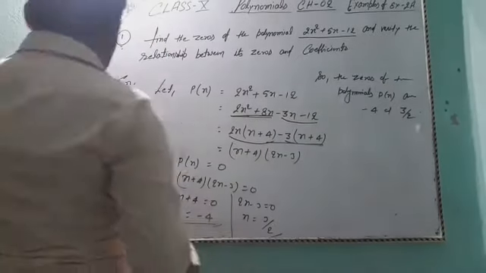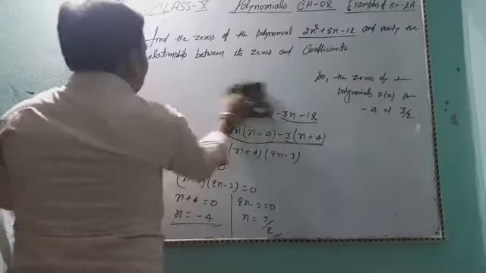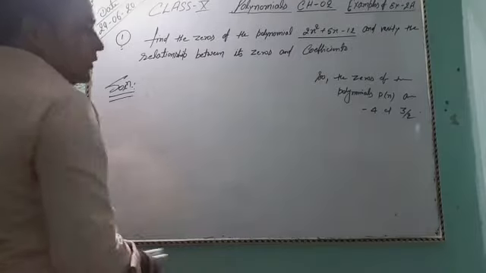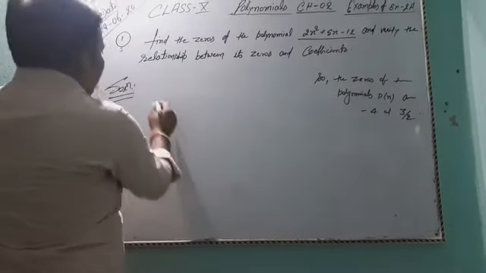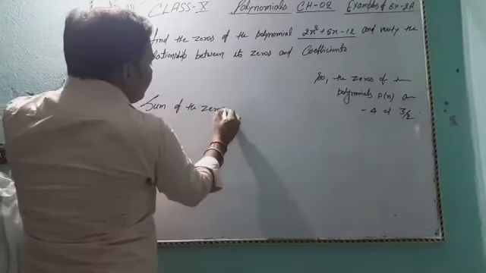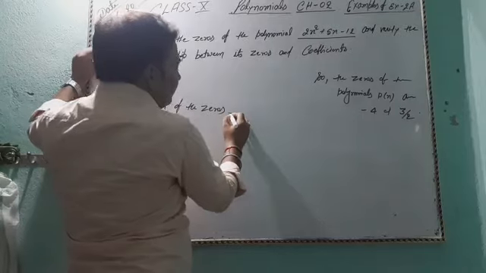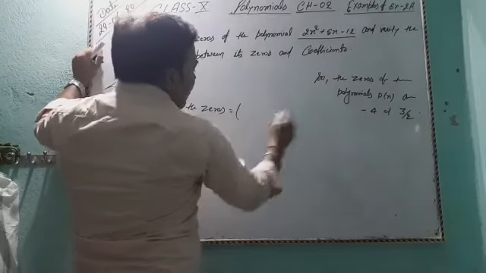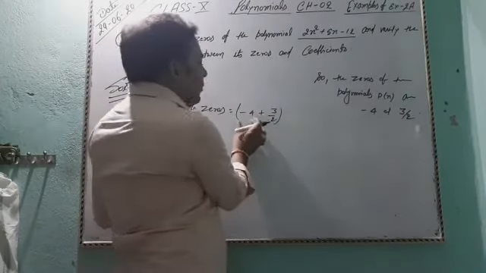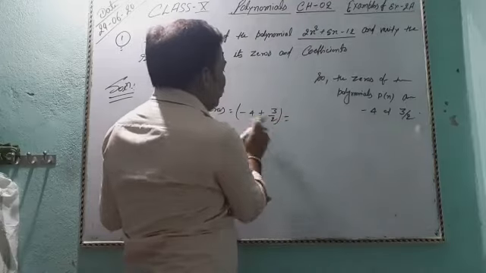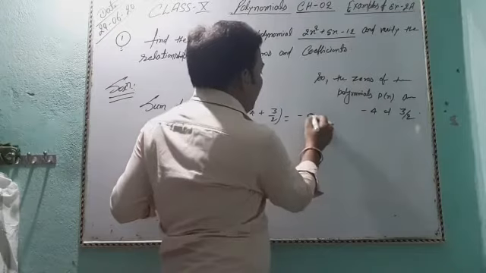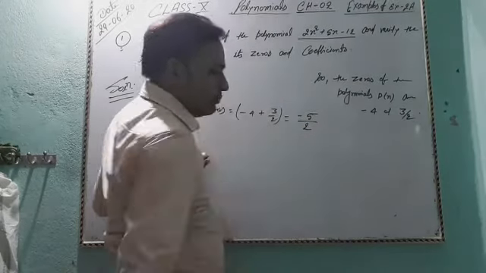So the sum of the zeros: minus 4 plus 3/2, it means minus 8 plus 3 over 2, equal to minus 5/2.